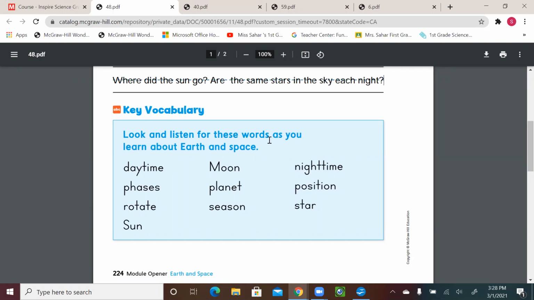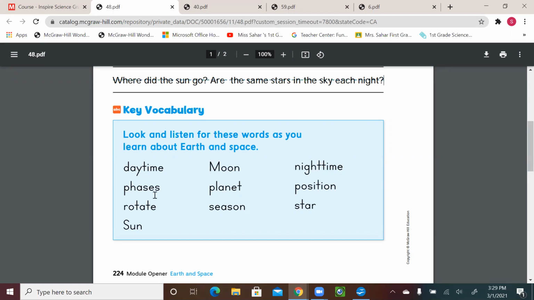Look and listen for these words as you learn about Earth and space. Daytime, phases, rotate, sun, moon, planet, season, nighttime, position, and star. So I'm going to read it one more time.